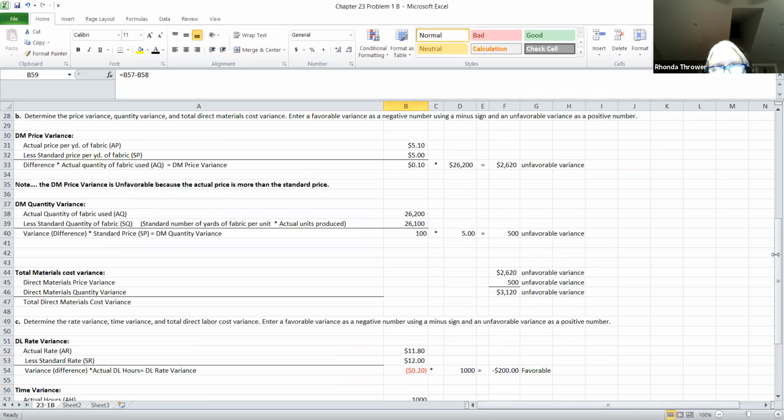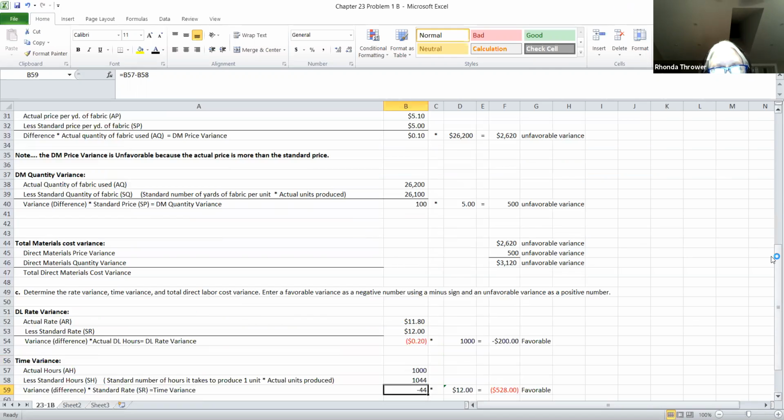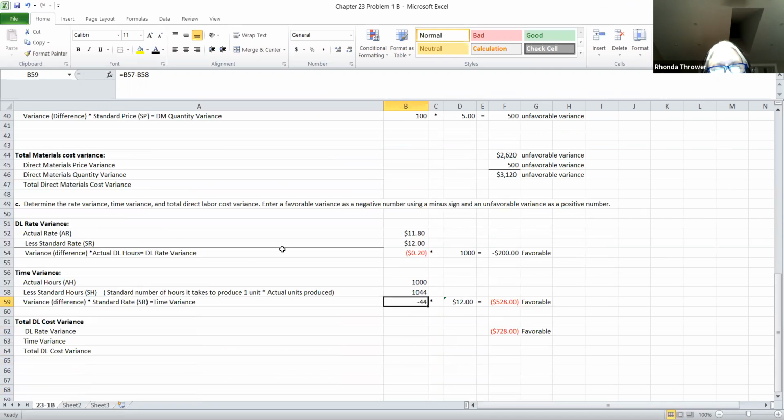If you don't do anything else in this chapter, do that. Your labor variances are broken down into two separate variances: direct labor rate variance and the time variance. Learn the formulas for these. That's what it takes to master this particular chapter.